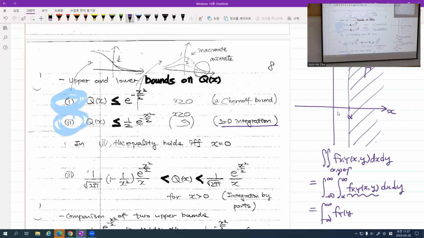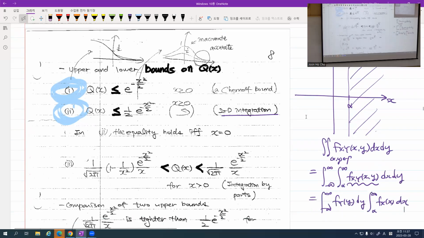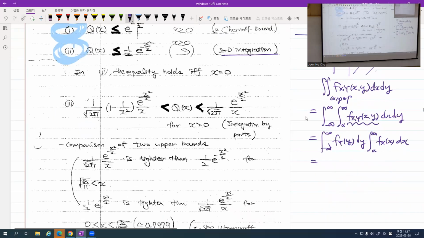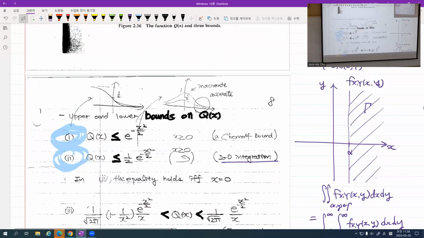You can factor it for X and for Y. And the first factor is 1, and the second factor is simply the right tail probability of the standard Gaussian. So this is the interesting observation.